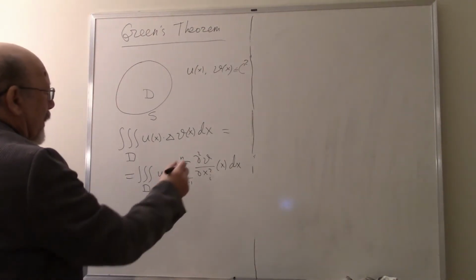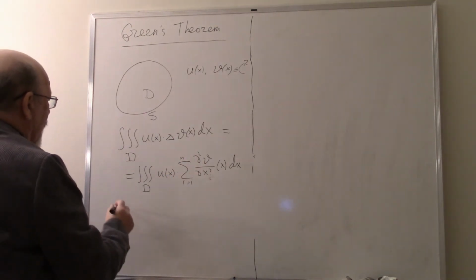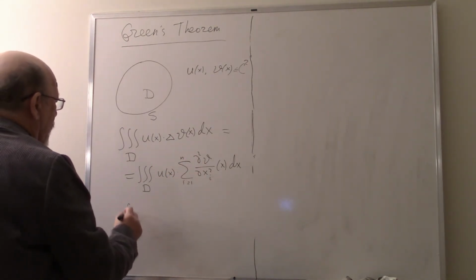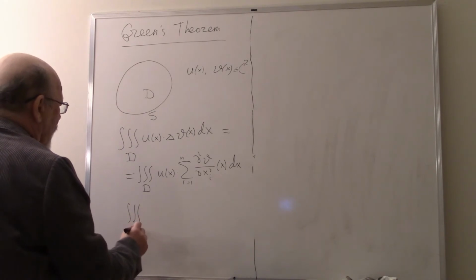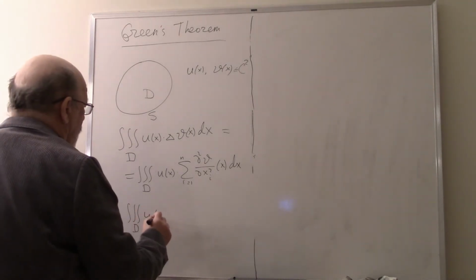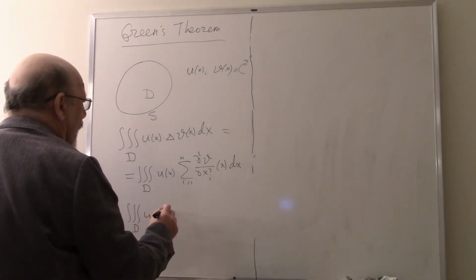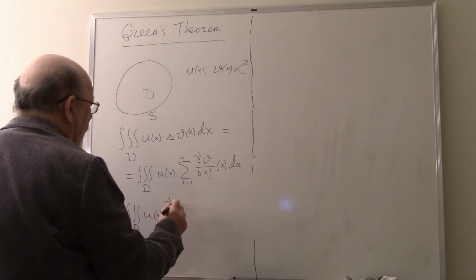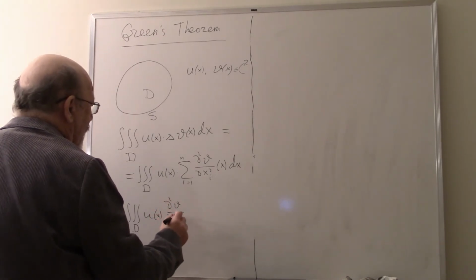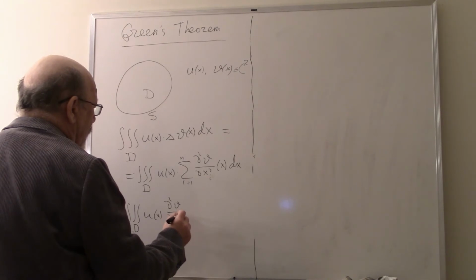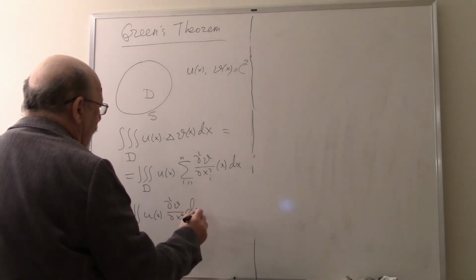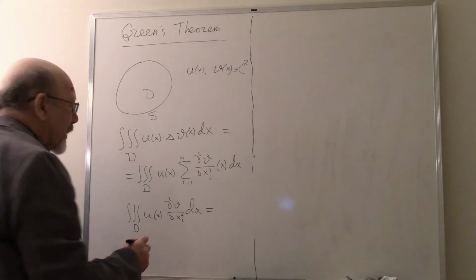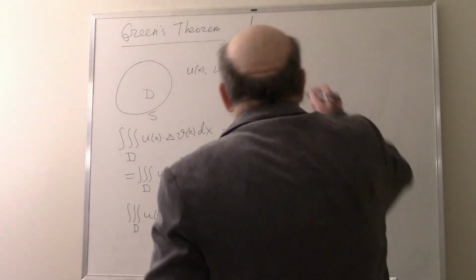Let us take one term, for some i, from the sum from i equals 1 to n.